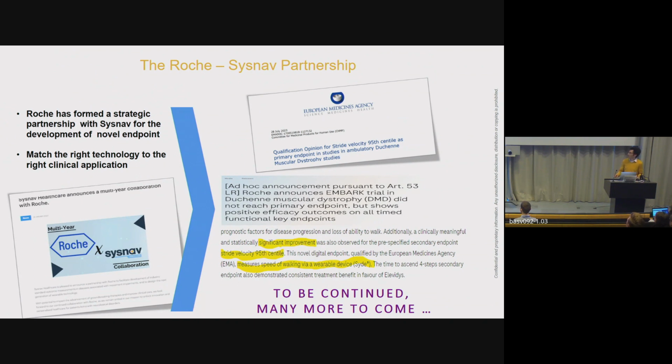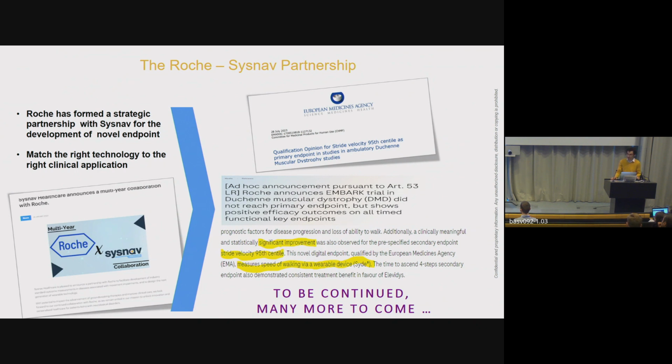And we've already seen the benefit and the reward from this sort of collaboration, with the first and only qualification as a primary endpoint of this variable called stride velocity 95th percentile, which is coming from a device that people put on their ankle.